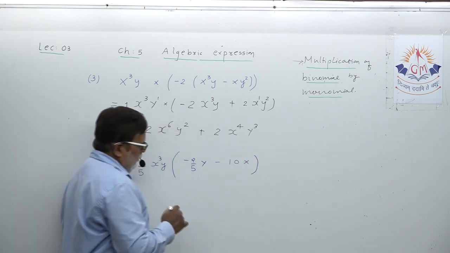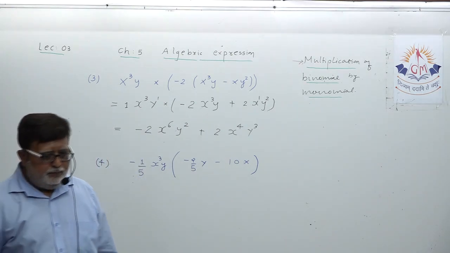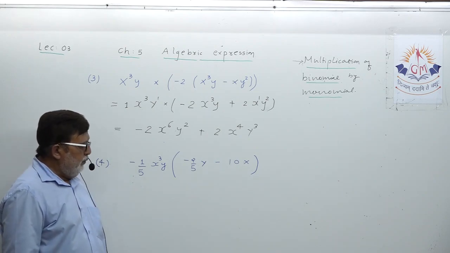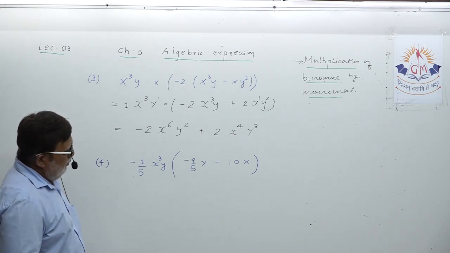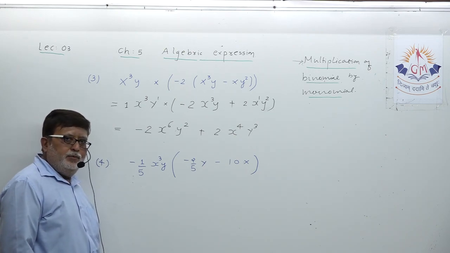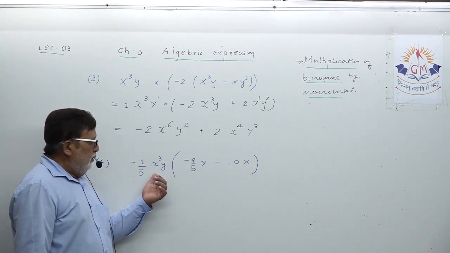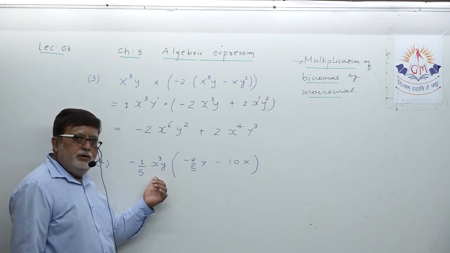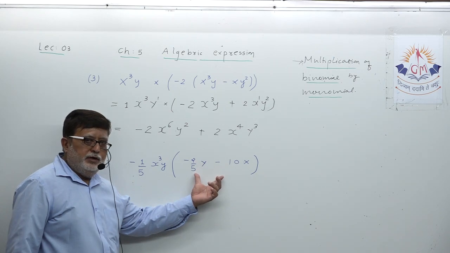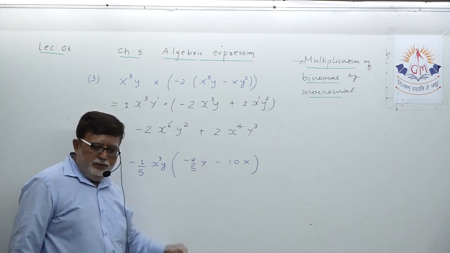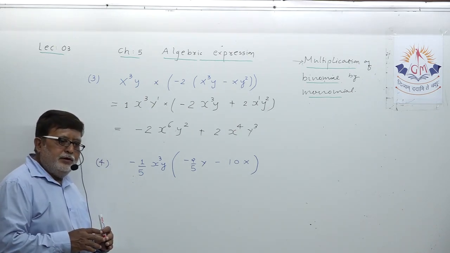Okay. Suppose you are given such an example. Then what you can do? Now be very conscious in such type of example. What you should target is that one monomial is there and in the bracket there is a binomial. Now dear student, you have to concentrate when you multiply.